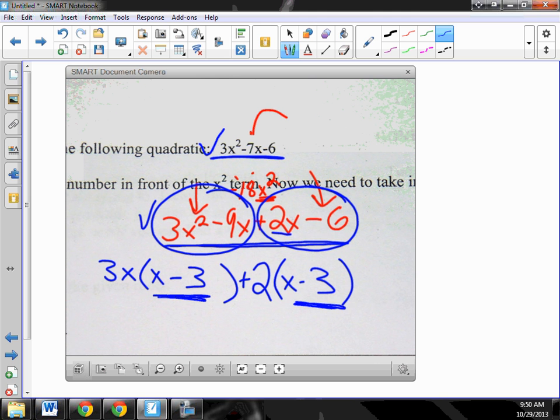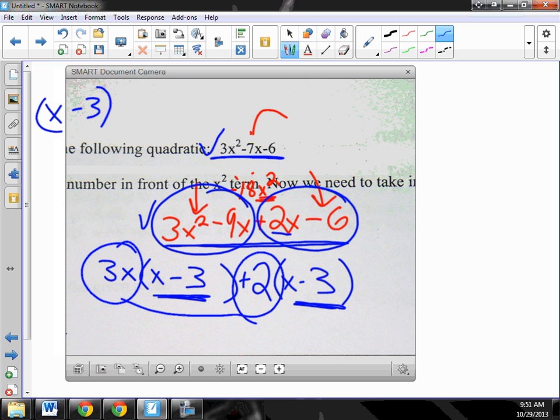If that happens, you did it correctly. If that didn't happen, then you made a mistake. Okay? So, your first factor is going to be x minus 3. Your second factor is going to be 3x plus 2.